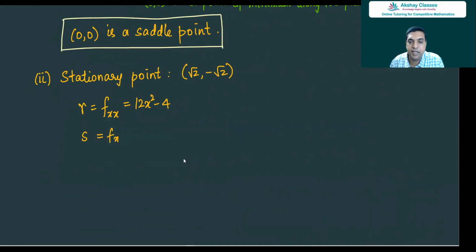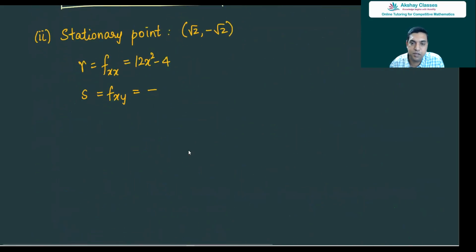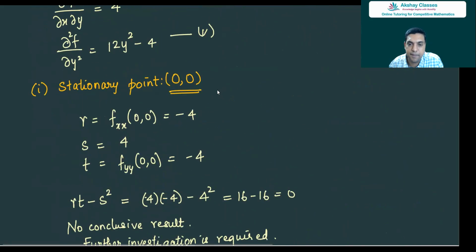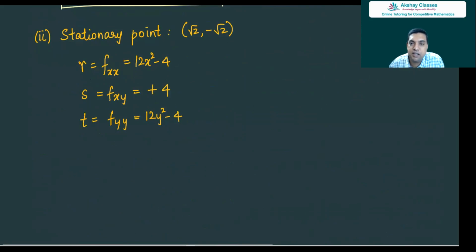S is fxy, which is plus 4, and t is fyy, which is 12y^2 minus 4. So when we substitute these values, 12 into root 2 squared minus 4, so 12 times 2 is 24, minus 4 is 20. This is 4 and this is also 20.